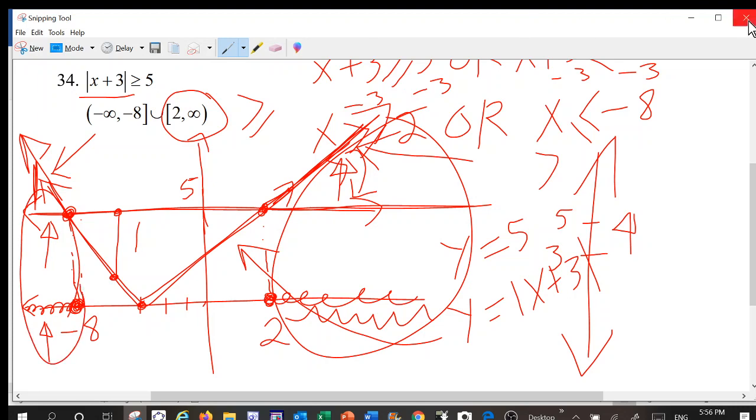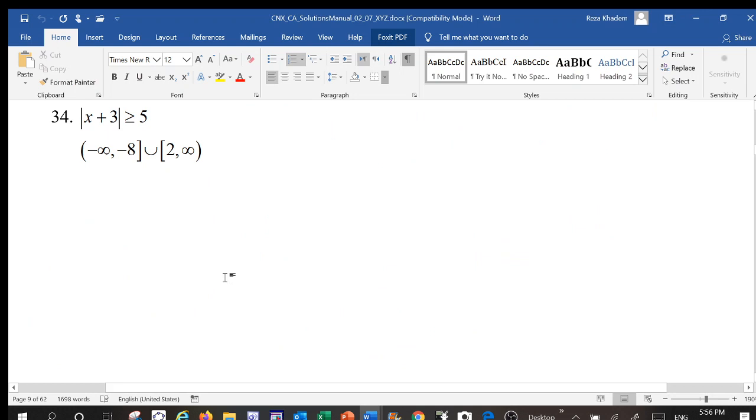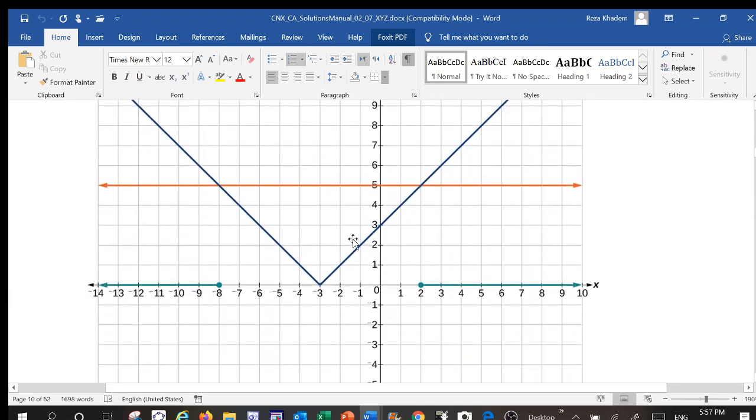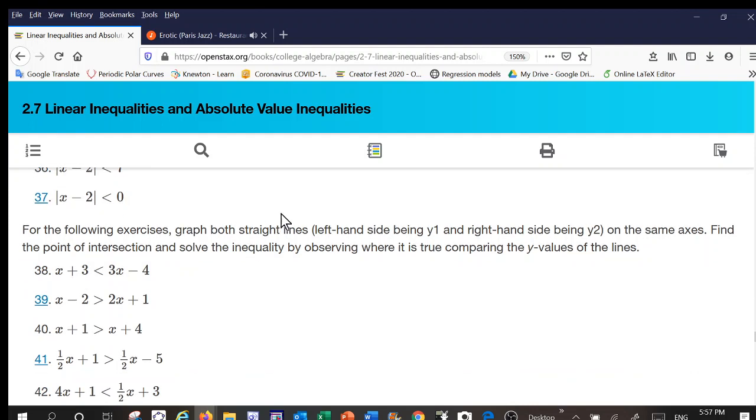Alright, so that's the idea of solving by graphing. That's what it looks like. So this is 2 and this is negative 8, and you can shade the x-axis for the solutions. Okay, so that's what they mean by that.